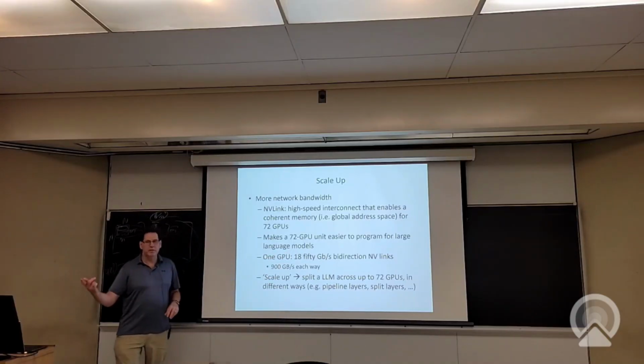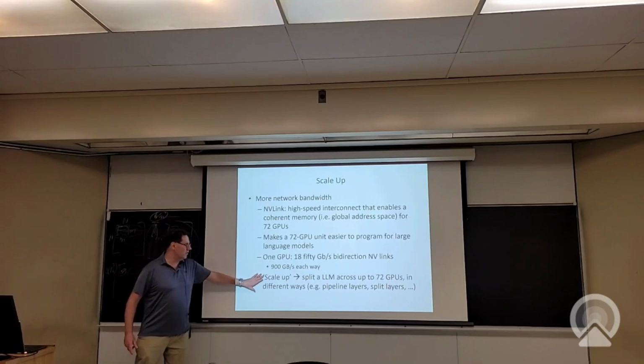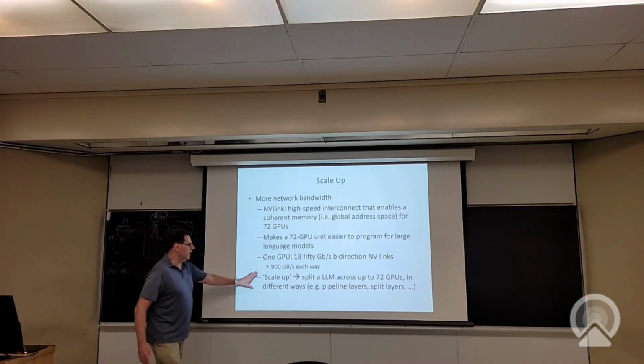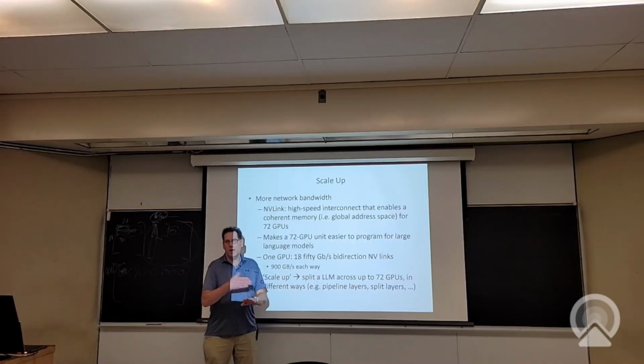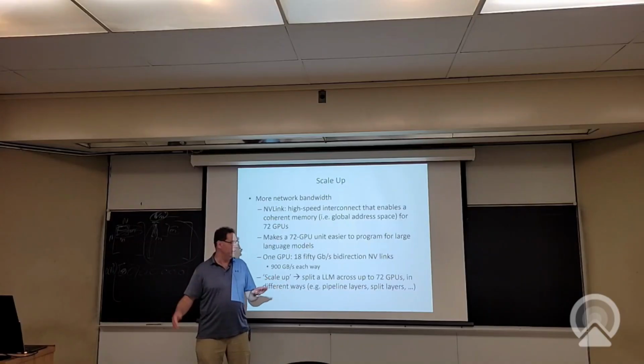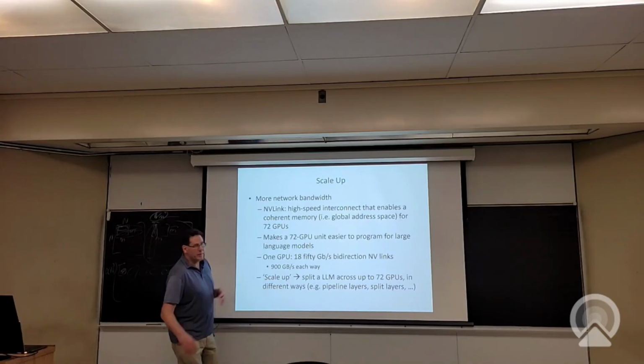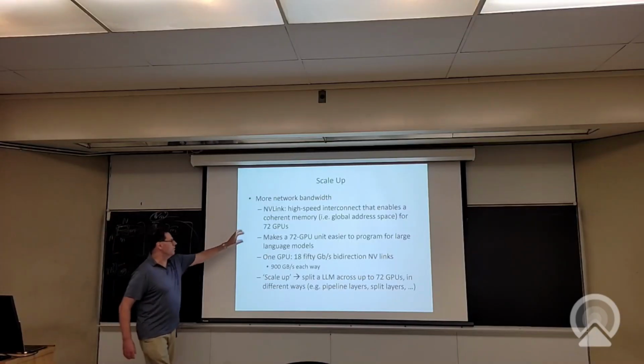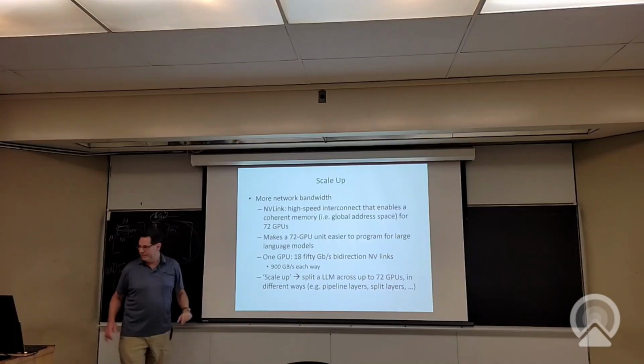It'll be slower, but it makes it easier to scale up, where you take this huge LLM, and you might put different layers on different GPUs in a pipeline, or you split a certain layer or something. So anyway, they keep making NVLink faster. So this number of GPUs that they can connect efficiently keeps going up.